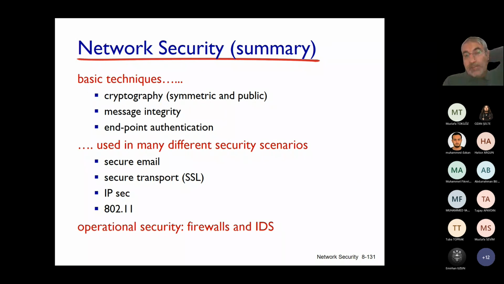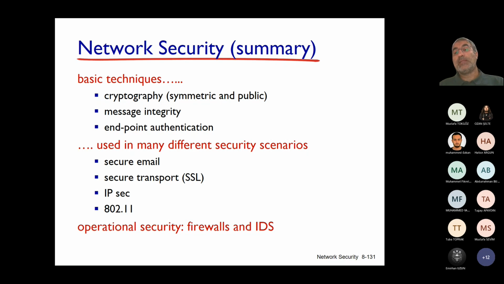To summarize network security, we talked about basic techniques such as cryptography, in this case symmetric key and public key, private key, and we talked about message integrity and endpoint authentication, which are the basics of network security.